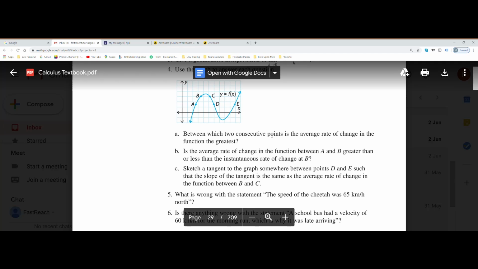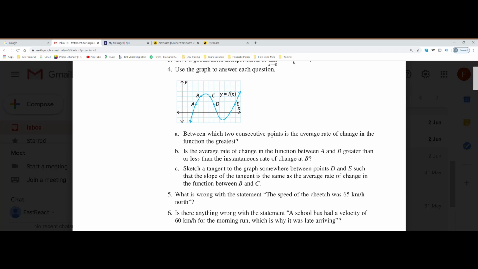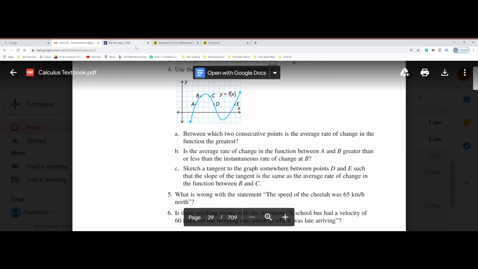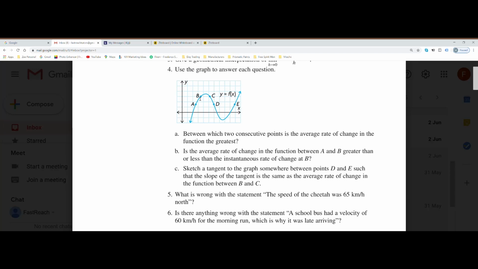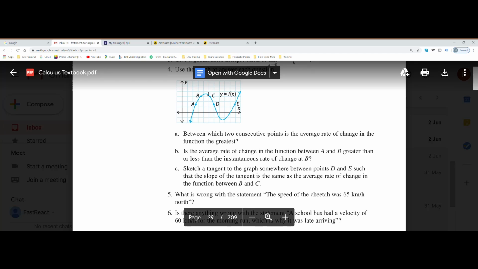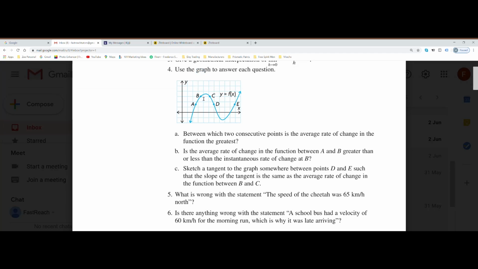Is the average rate of change in the function between A and B greater than or less than the instantaneous rate of change at B? So if you look at B, if you were to draw a tangent at this line, and if you look at the slope between A and B, the line is actually steeper.